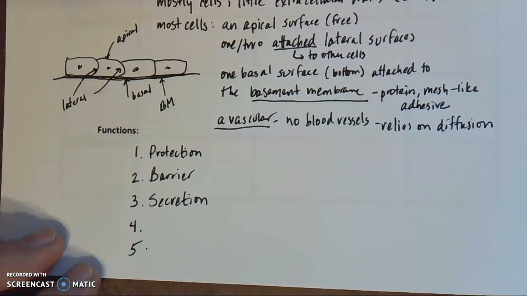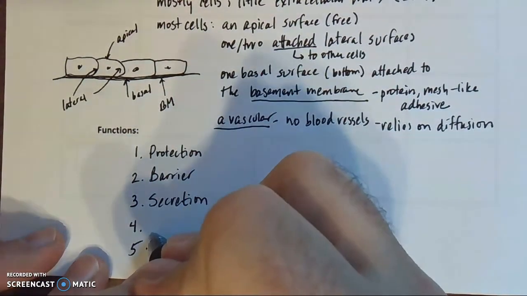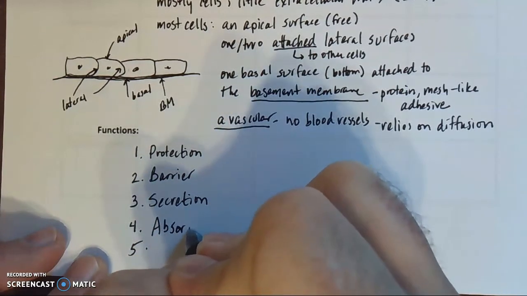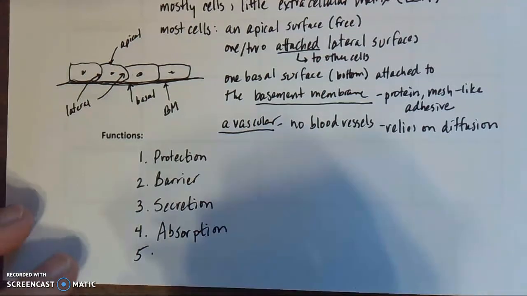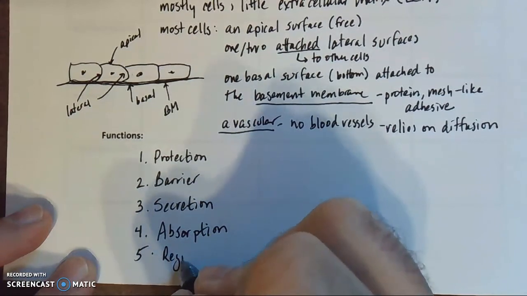So these can pump things out to different areas. Absorption. So not only do some of these tissues secrete things, we have certain epithelial tissues that work at absorbing things, but they are also a protection or form a barrier. And then some are for regulation.